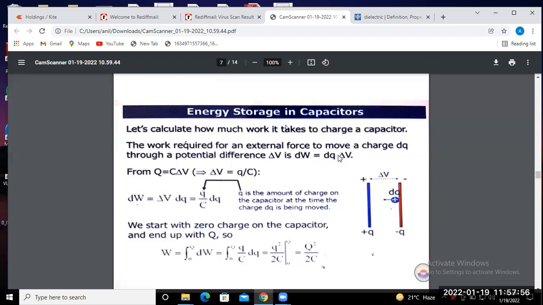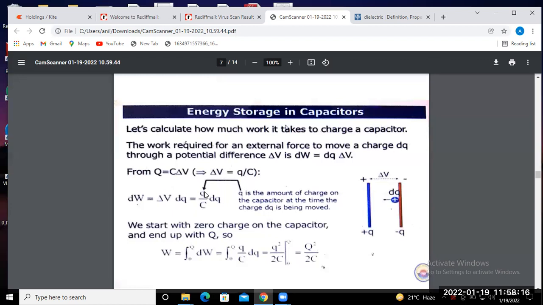Okay. So small work done is delta V into dq. So delta V is equal to nothing but how much? Q by C. Okay. So Q is the amount of charge on the capacitor at the time dq is being moved.